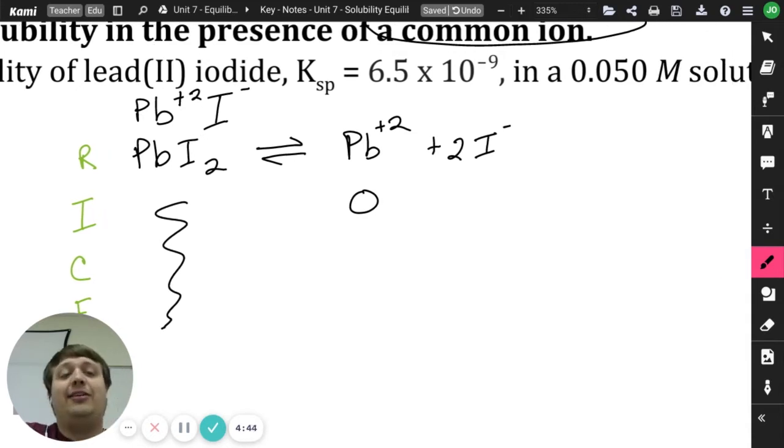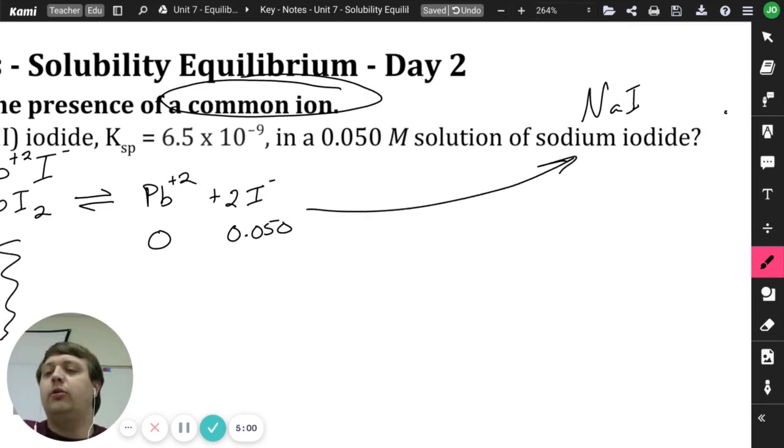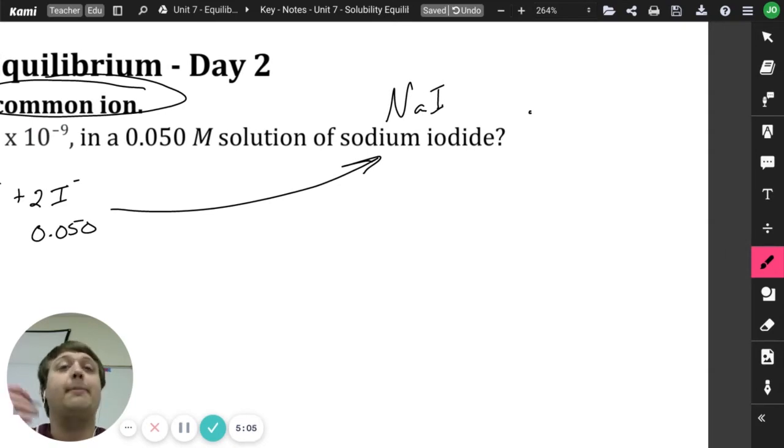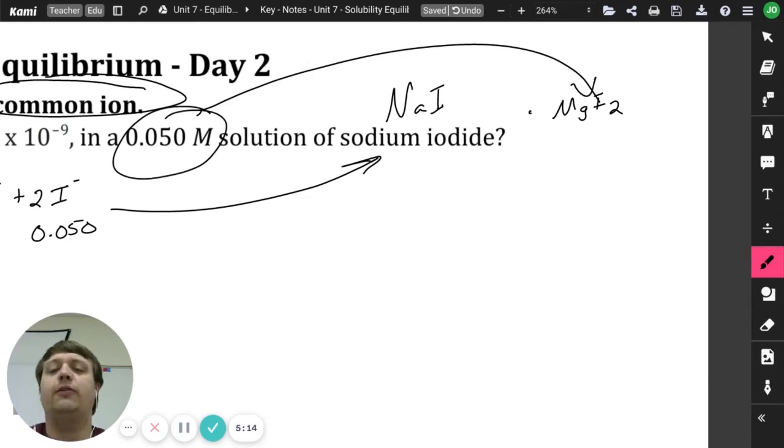I know that I actually start with a concentration of 0.050 molarity of that iodide in the solution. Why? Because that is coming from this sodium iodide solution here. Now, here's something I want to note, is that if I had something like magnesium iodide, where I've got MgI2, then I would need to make sure that my concentration reflects that coefficient, so I would need to double my concentration there.